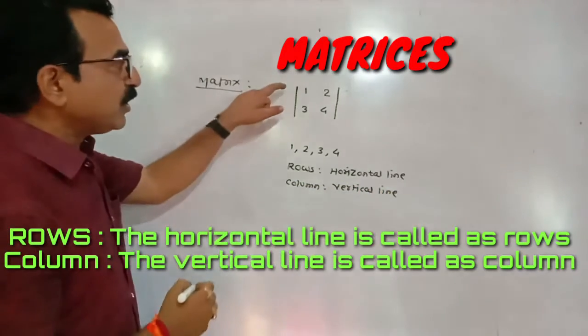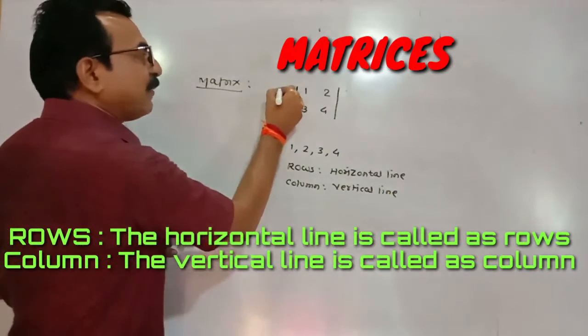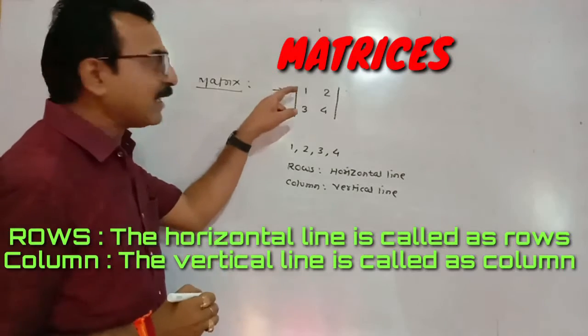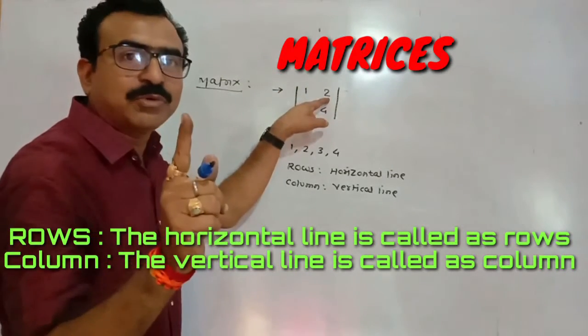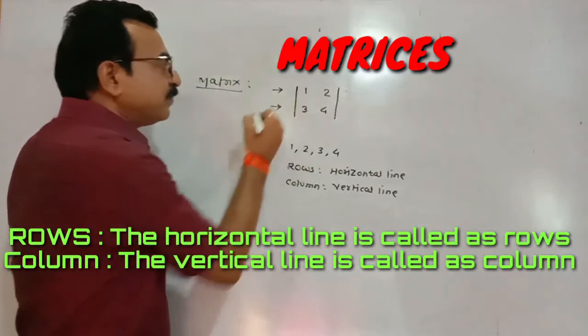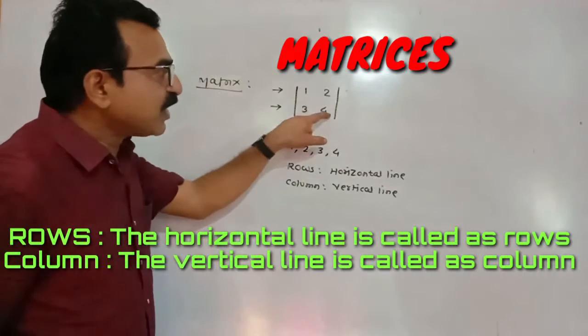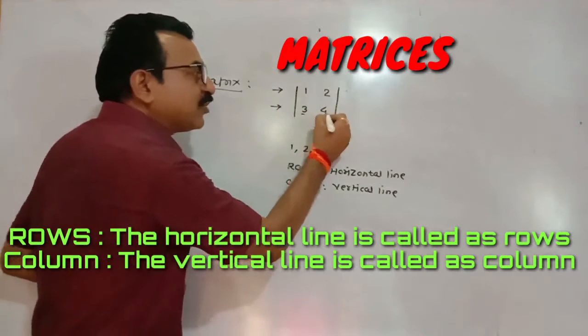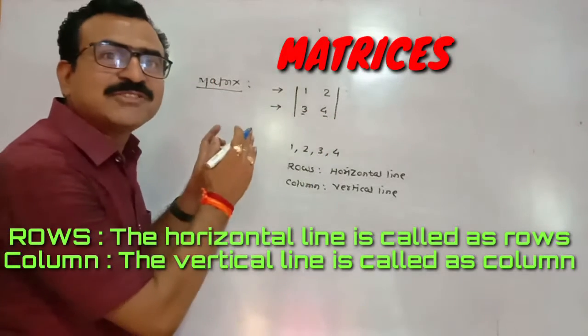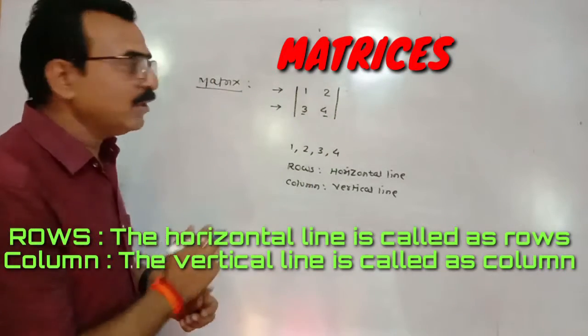So in this figure, this is the first horizontal line that has the elements 1 and 2, so it is called the first row. This is the second horizontal line that has the elements 3 and 4, so it is called the second row. Understood?